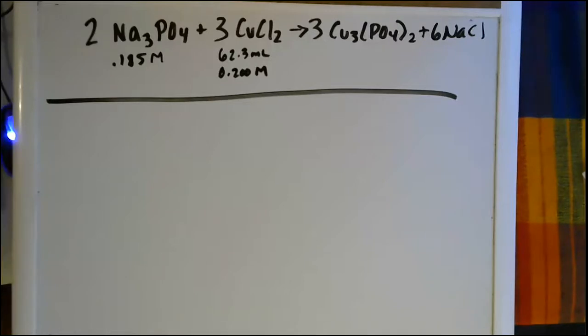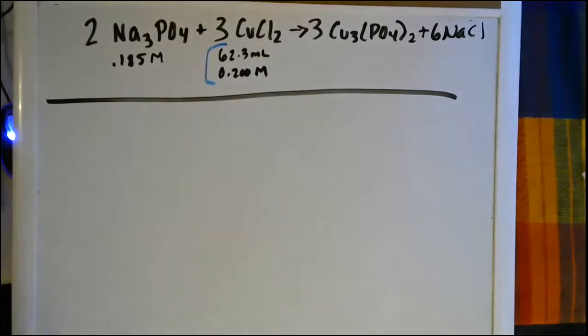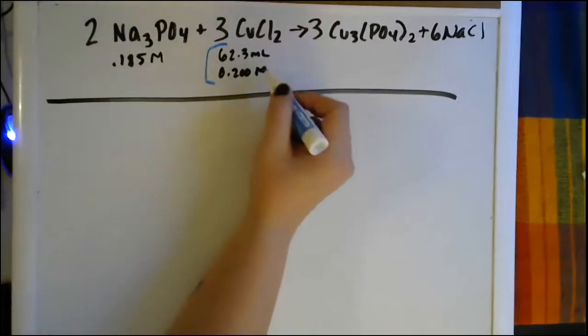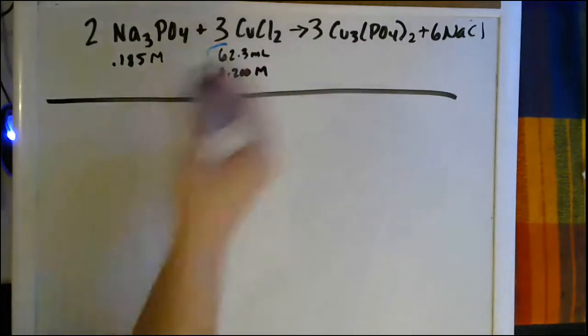Okay, so here is the bare bones of this question. We want to know how many milliliters of our sodium phosphate will react with 62.3 milliliters of our copper chloride. So step one, we're going to use this information here because we were given the molarity and the volume, and we're going to figure out the moles of the copper chloride.